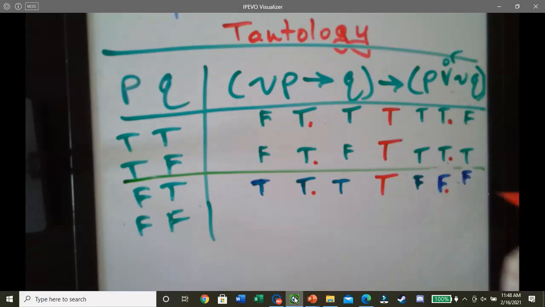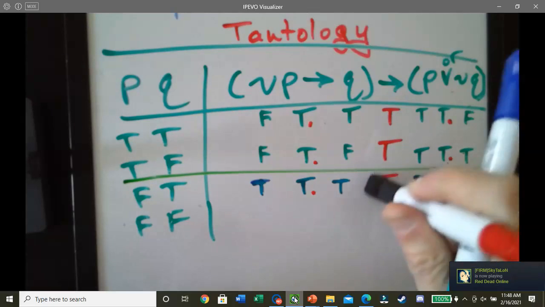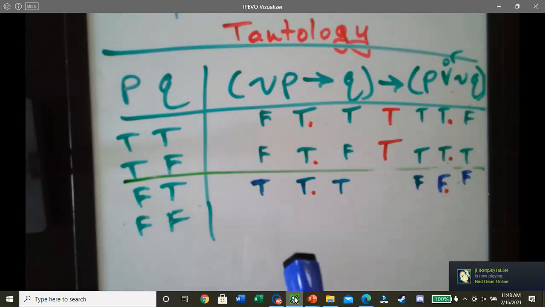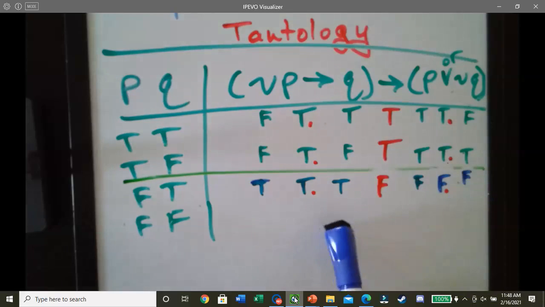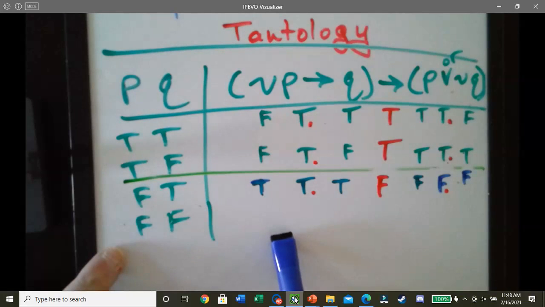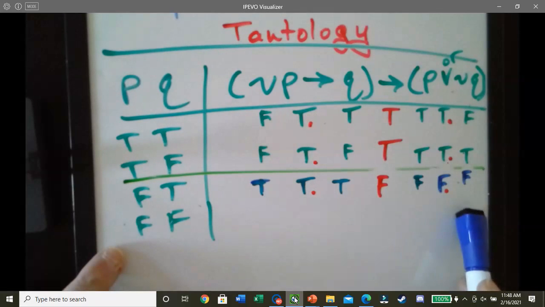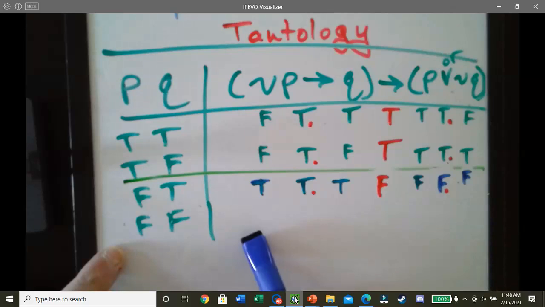Okay, good catch. All right, so that's going to change things, right? Because if true, then false, that's what? False, good. That's the only one that's false, right, for conditional statements. Okay. Any other questions there?